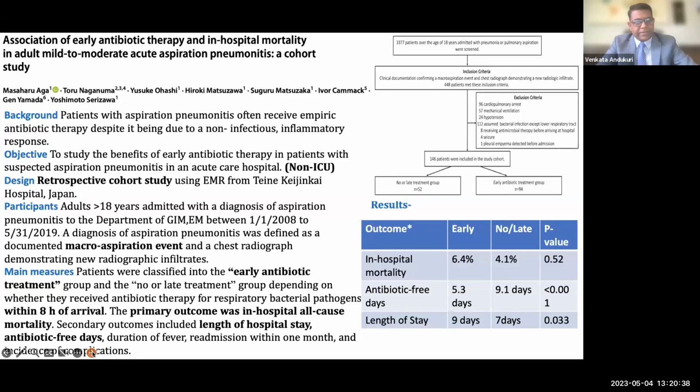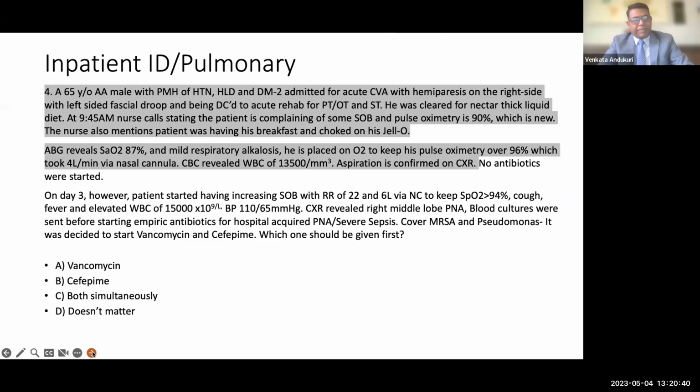So good going, guys. The next one is inpatient ID and pulmonary. Again, it's the same patient. So we have no antibiotics were started. However, just like some of my pulmonary colleagues mentioned, on day 3, the patient started having increasing shortness of breath with a respiratory rate of 22 and 6 liters via nasal cannula to keep SpO2 over 94%. Cough, fever, elevated white count of 15,000, blood pressure 110 over 65, chest X-ray revealed right middle lobe pneumonia.